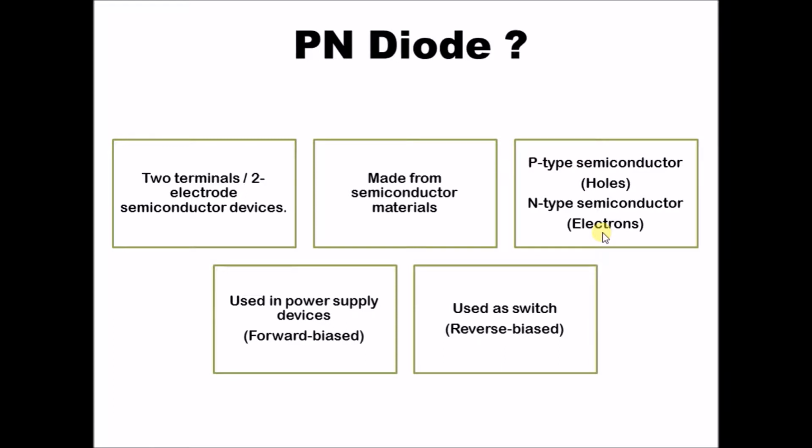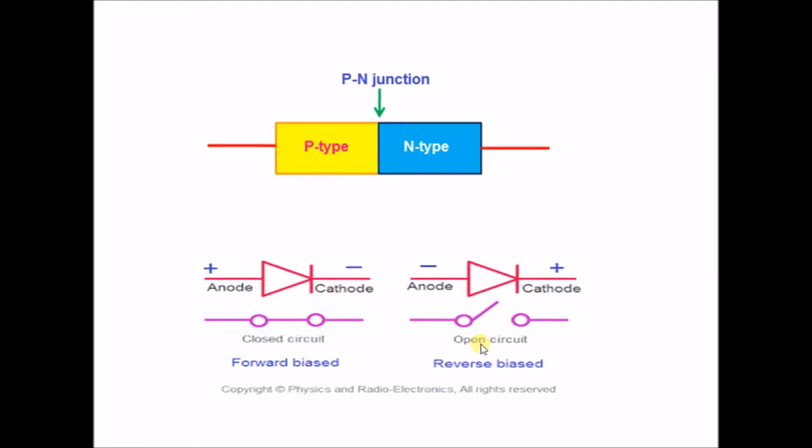And then PN diode also has two characteristics, which are forward bias and reverse bias. Forward bias is used in power supply devices and reverse bias is used as a switch. Okay, this is PN junction, P-type and N-type, and this is the forward bias and reverse bias.